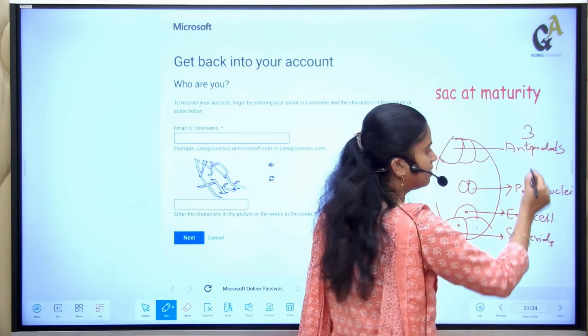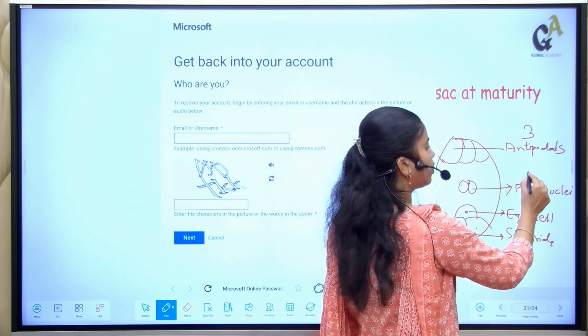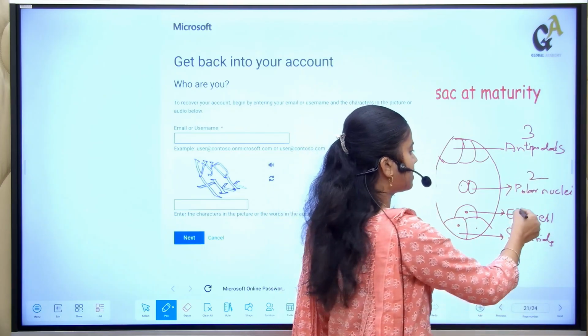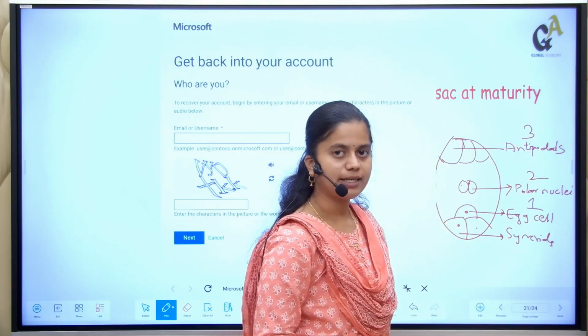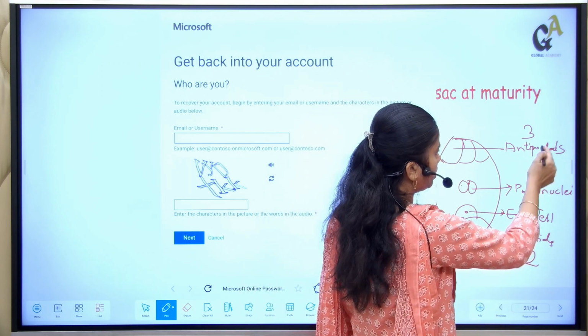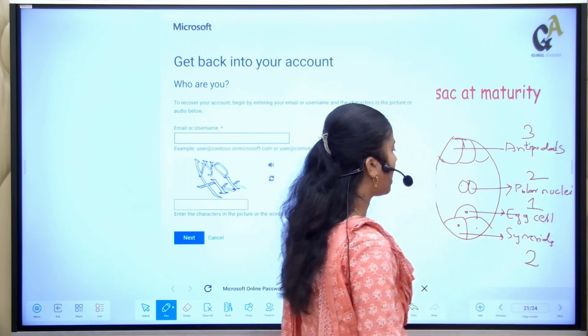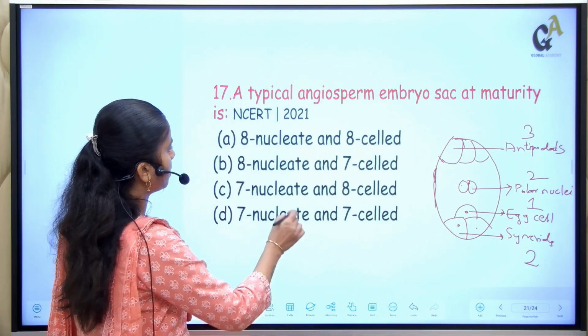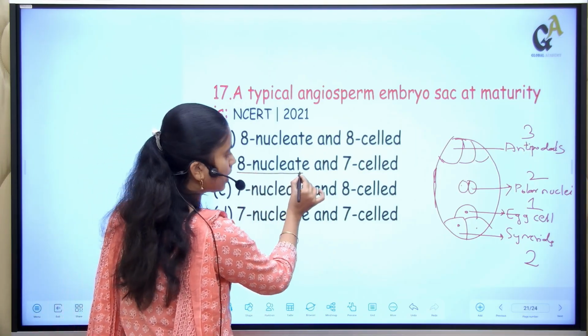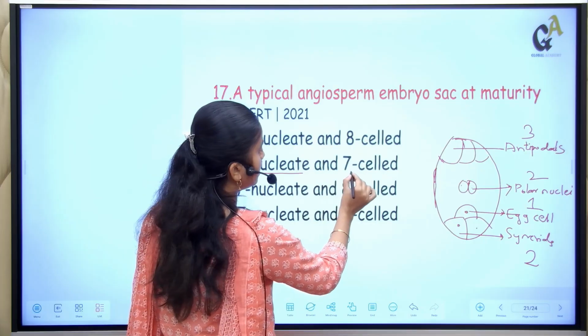Antipodals, how many? 3 are there. Polar nuclei 2. Egg cell 1. Synergids 2. So total 5, 6, 7, 8. So here what has happened? There are 8 nuclei present and 7 cells.